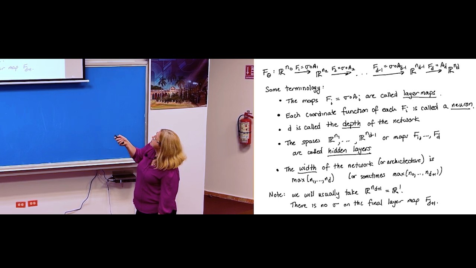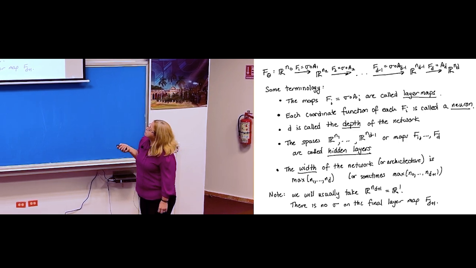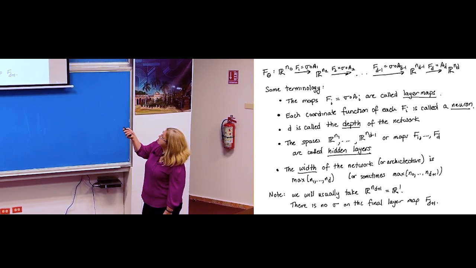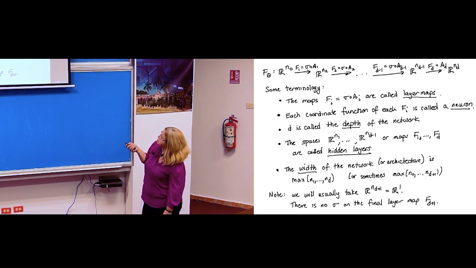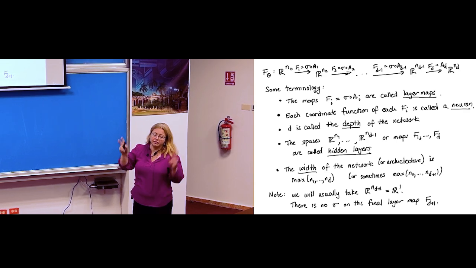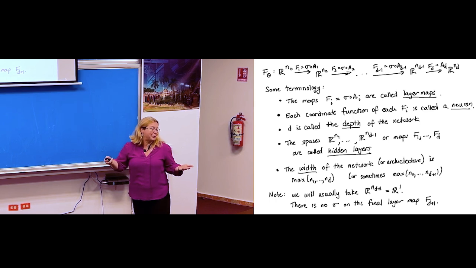First, these little maps that make up the whole map are called layer maps. Each coordinate function of each of these maps is called a neuron. The number of layer maps is called the depth of the network. And again, deep learning means that the depth is more than one.